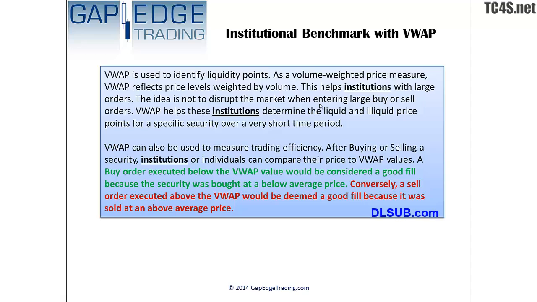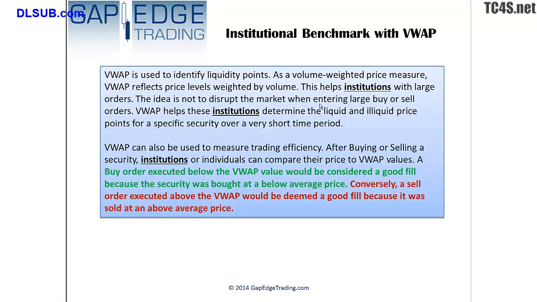The idea is not to disrupt the market when entering large buy or sell orders, so they want to trade in direction and in relationship with it. The VWAP helps these institutions determine liquid and illiquid price points for specific securities over a very short period of time. And as a day trader, that's exactly what we're doing. We're trading over a very short period of time.